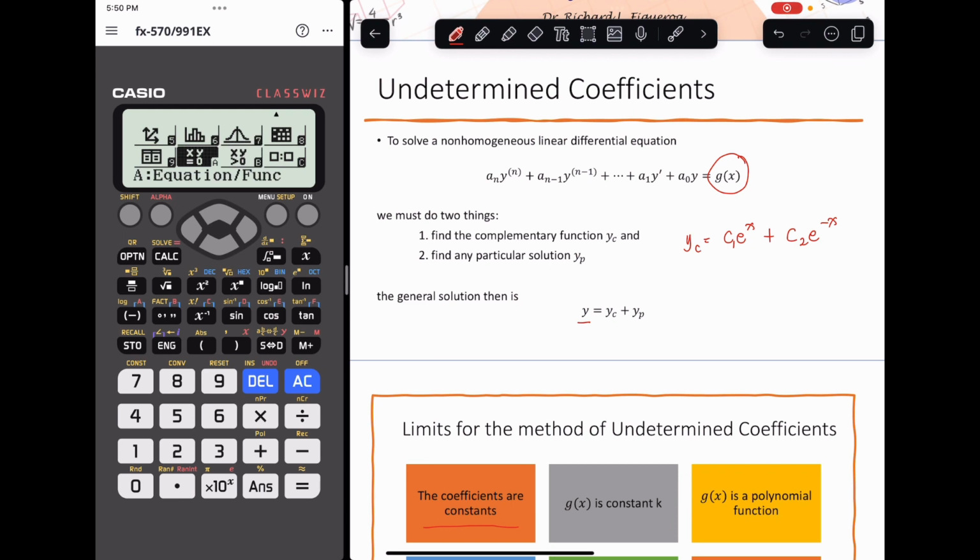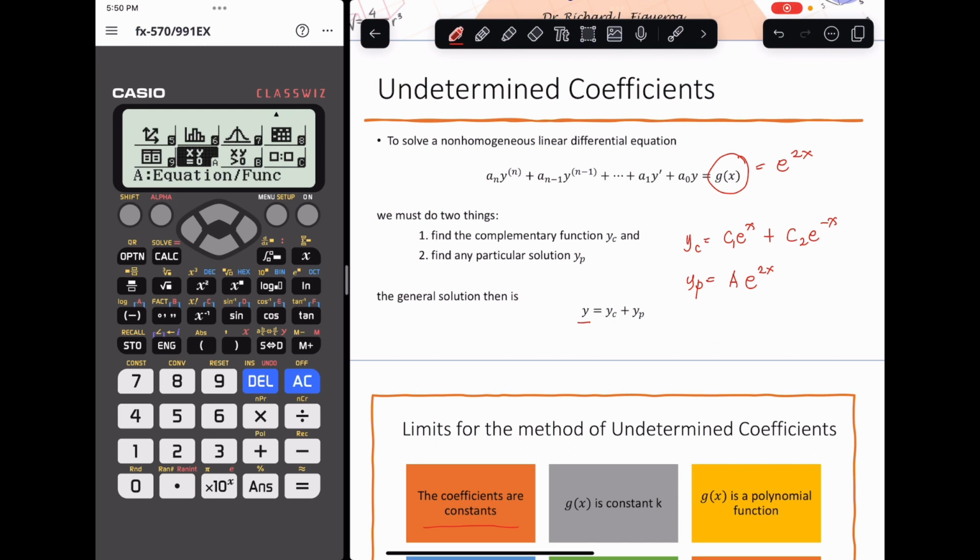Based on our table, let's say the g of x here is equivalent to e raised to 2x. Therefore, the trial particular solution for that, since that's just an exponential function, we copy e raised to 2x, and then I'm just going to attach A here.